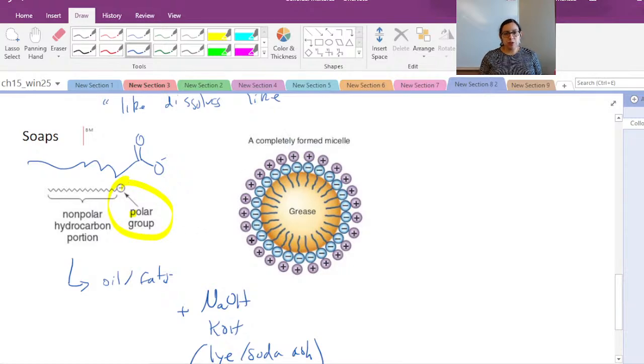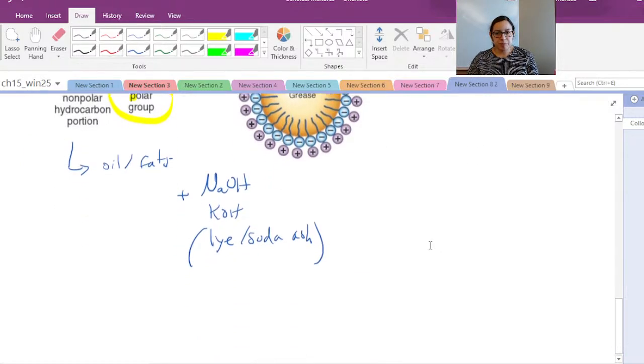And so then, of course, it works because half of it is solubilized by your water, and then your grease gets trapped up in this nonpolar group. And then it mentions, right, you can form these little micelles, which just means you have a little grease ball in the center, surrounded by all this soap, essentially encapsulated, and then it can wash away down your drain.